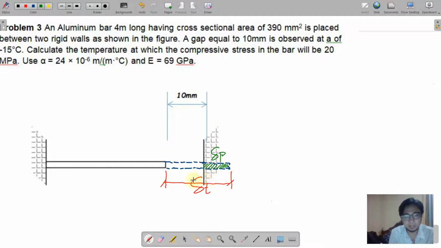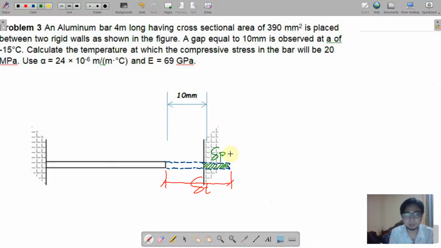Kapag humaba yung delta T, hahaba rin yung delta P. And as delta P elongates further, the compressive stress will eventually increase. Our task is that the delta P have an induced stress of exactly 20 megapascal.